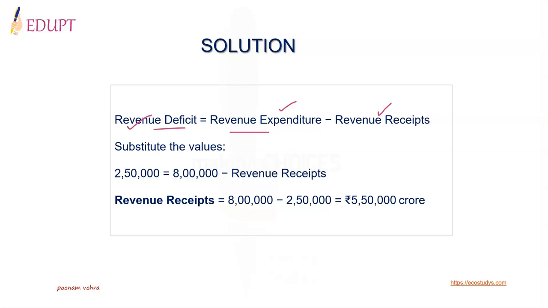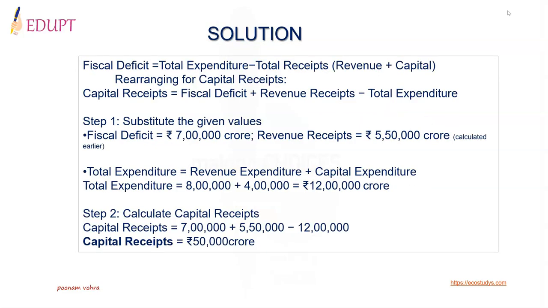So substituting the values, it is 2,50,000 is equal to 8 lakhs minus revenue receipts that we need to find. So revenue receipts would be 8 lakhs minus 2 lakhs 50,000, it is 5 lakhs 50,000 crores.